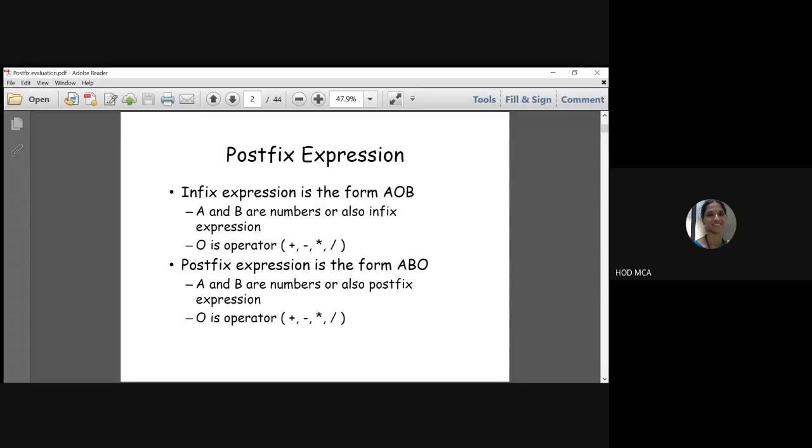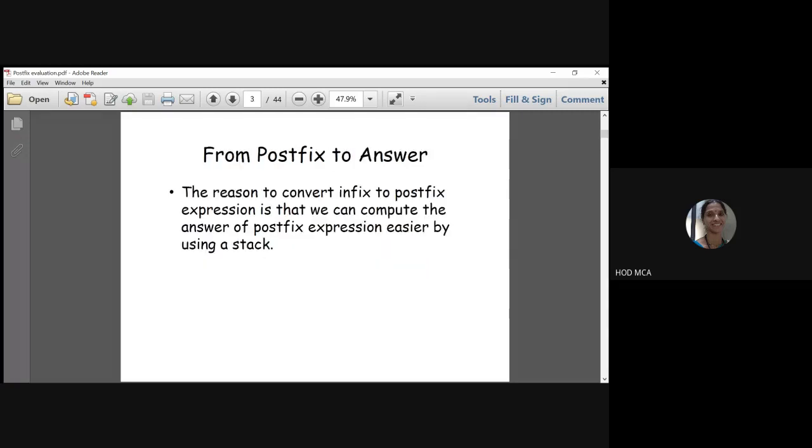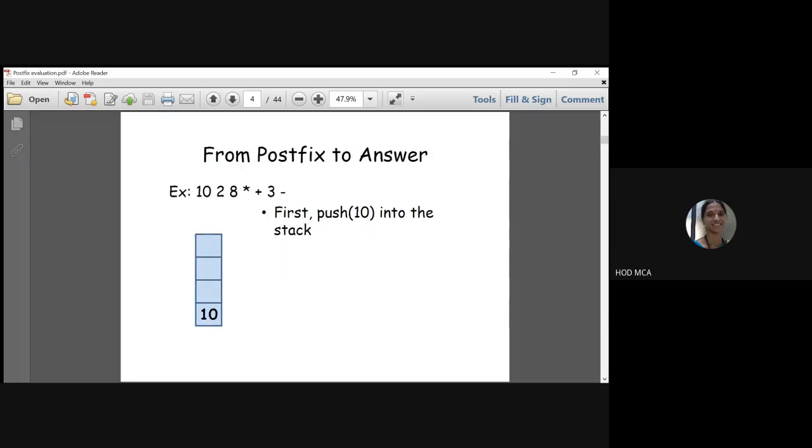In a postfix expression, the operator will come after the operands, A B operator. Okay. Now, can you take this expression and start doing 10 2 8 star plus 3 minus?